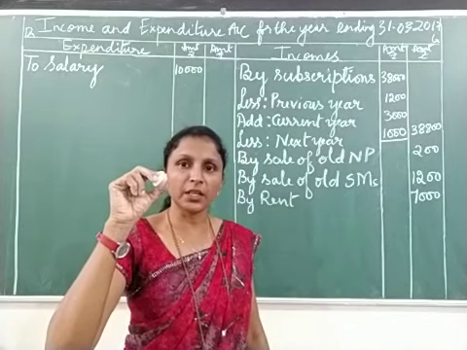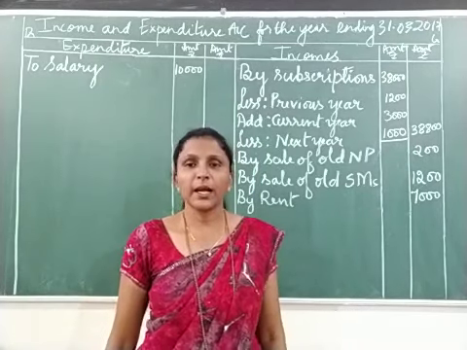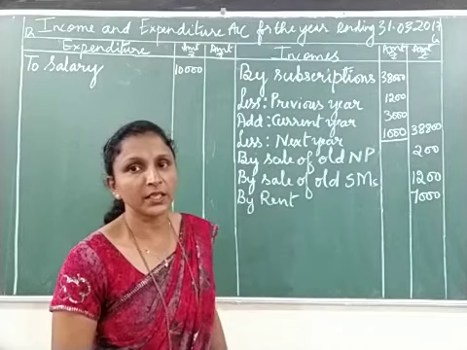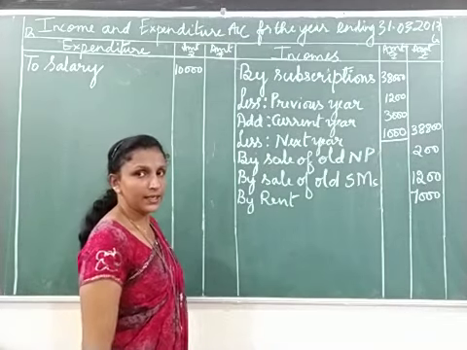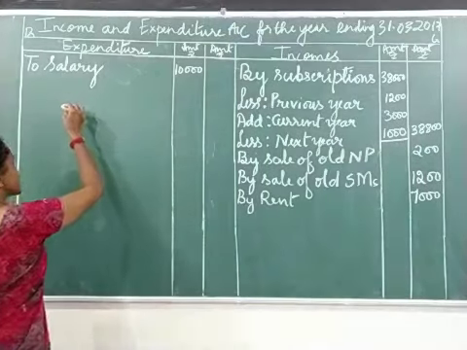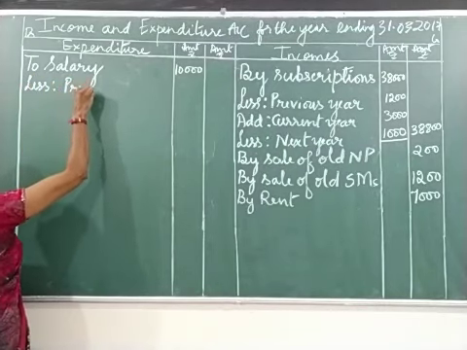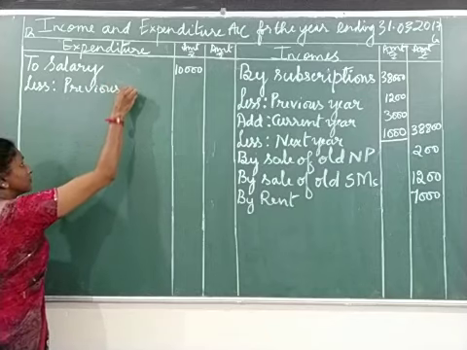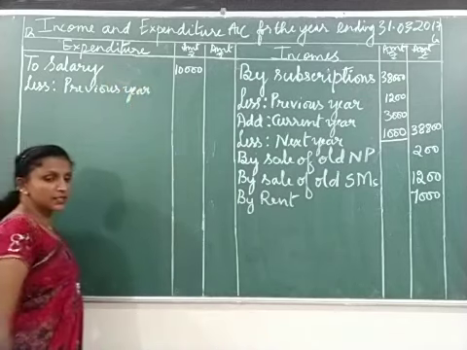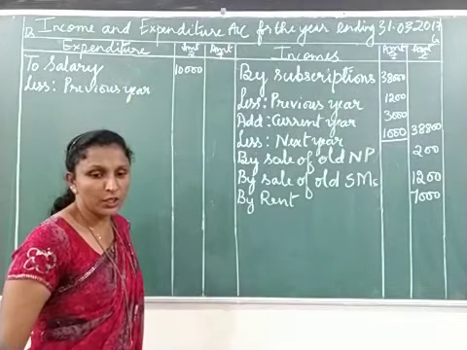That also we are taking now, so put a tick mark. And as it is previous year, is it add or less? Less. So less previous year. What's the amount? 2,000.